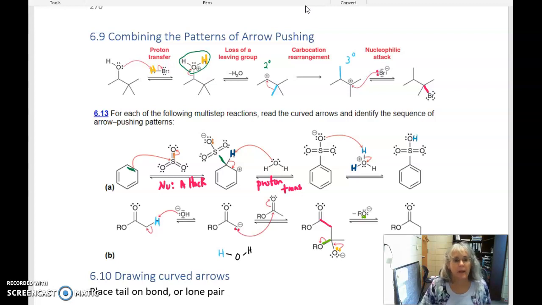And then we have another proton transfer. This group has no hydrogen, but the product here has the hydrogen. It has this blue hydrogen. So this oxygen, these lone pairs right here, have attacked this proton, and we have proton transfer.